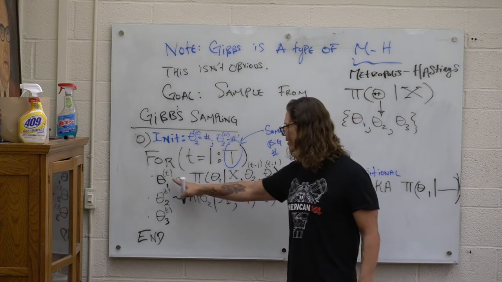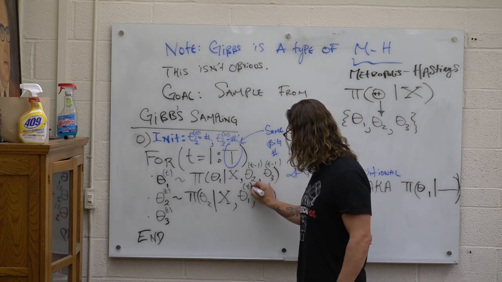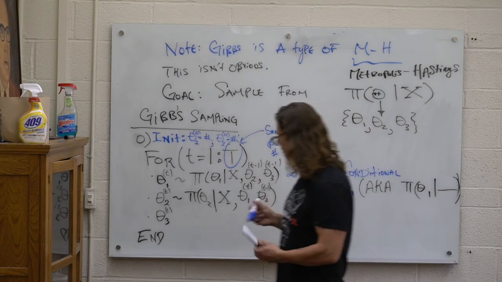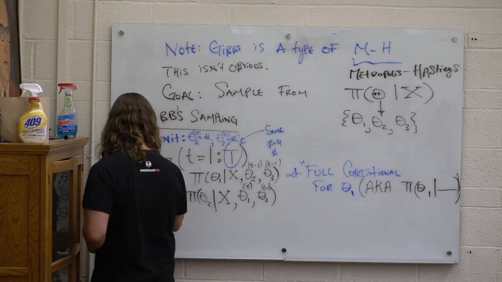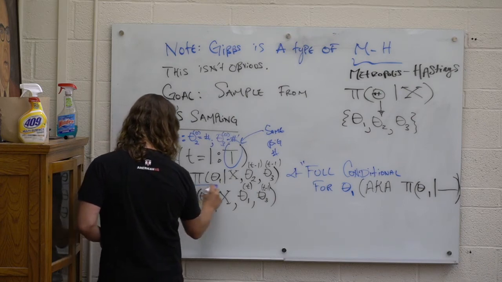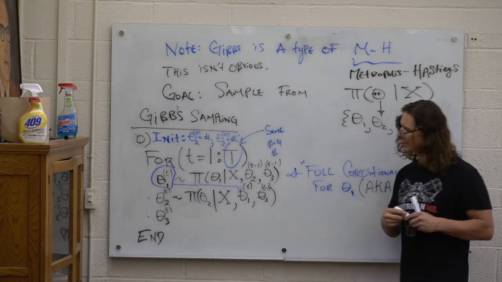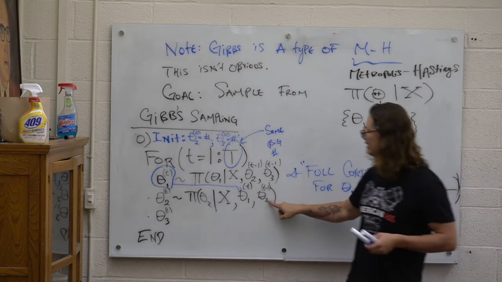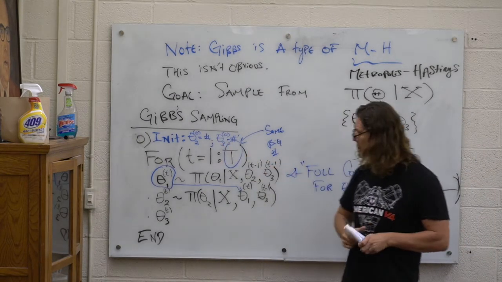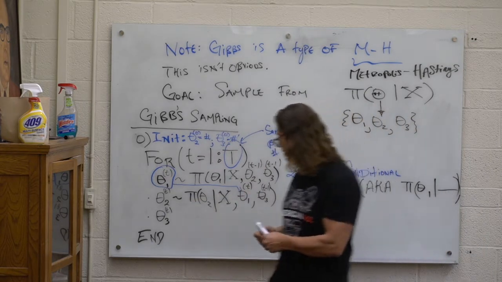But I just updated theta 1. And so I'm going to plug that one in. So I'm going to take this value that I just got out of here, and I'm going to plug it in there. Theta 3 is coming from that initial condition. Theta 2 is being updated.